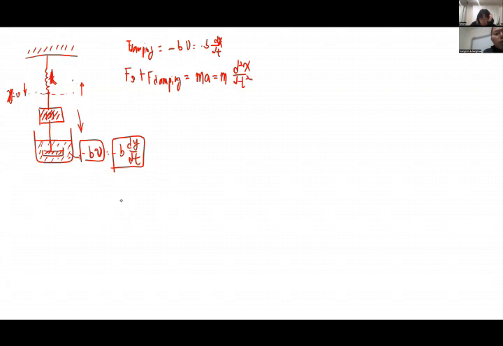So you plug all the forces in, and your basic formula of this damped harmonic oscillator description is mass times d squared x over dt squared plus b dx over dt plus kx equals 0.